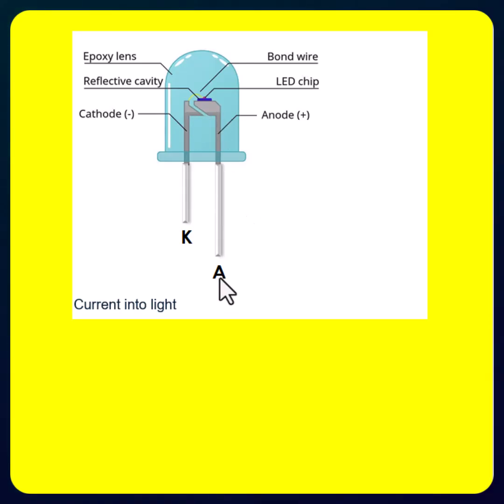And if the anode is connected to the positive supply and cathode is connected to the negative supply, and if the applied voltage is sufficient, that is 2 volts or 1.2 volts, then it will be forward biased, and the recombination of the electrons and the holes will occur at the junction of the p-n materials. Then that releases the energy in the form of light in the LED.